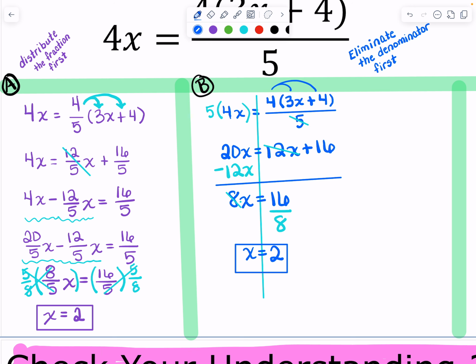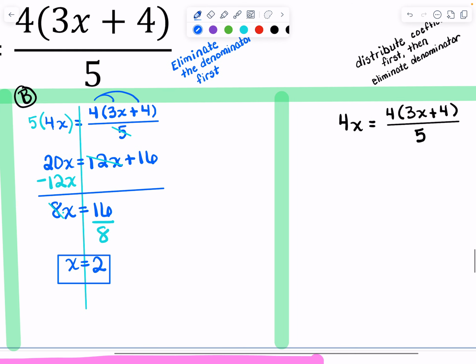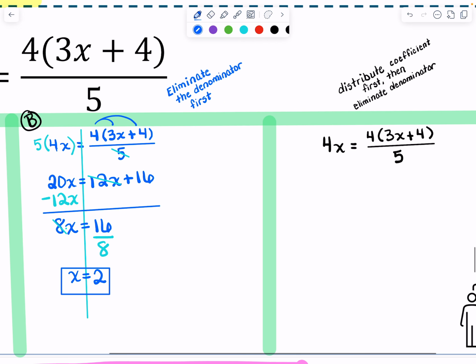Last one we're going to look at is when I distribute the coefficient first, and then after that, I eliminate the denominator. Okay? So the coefficient on this one is 4. So I'm going to distribute that first. I'm going to do 4 times 3x and 4 times 4.